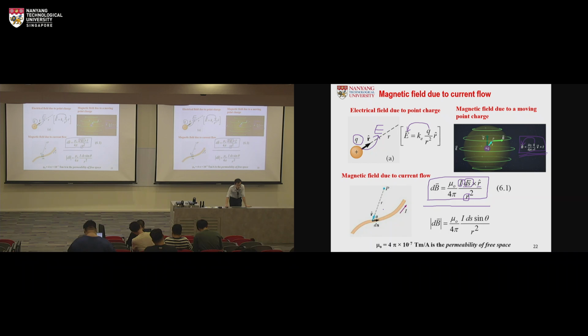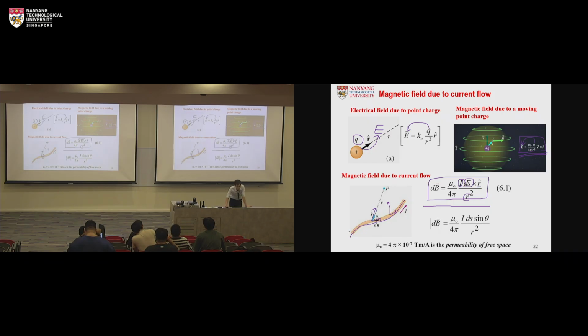If, let's say, you have this kind of curved wire, then you can see this ds and this vector r are all not uniform. Basically, here is ds1, here is vector r1, here is ds2 and vector r2. Both are not the same.